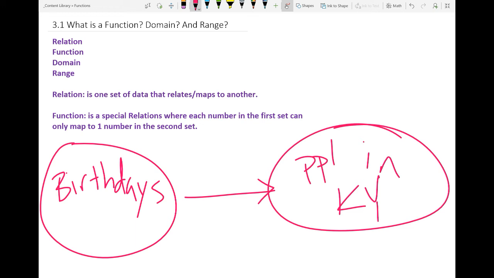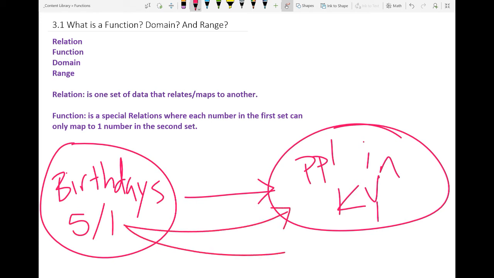That's a whole different story, because let's say I picked the birthday May 1st, and that would map to everybody who had a birthday on May 1st, which I'm sure is definitely more than one person if you're talking about everybody in the state of Kentucky. So this would not be a function. Okay, so it has to be from the first set to the second set. You've got this choice. So that means it is not a function.